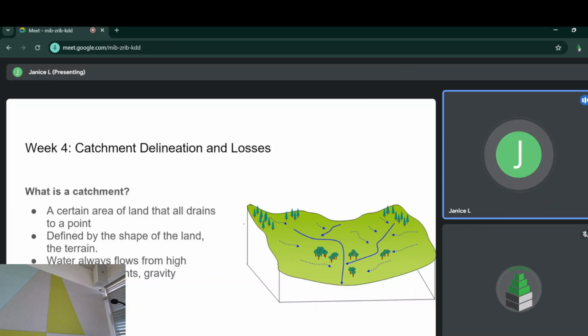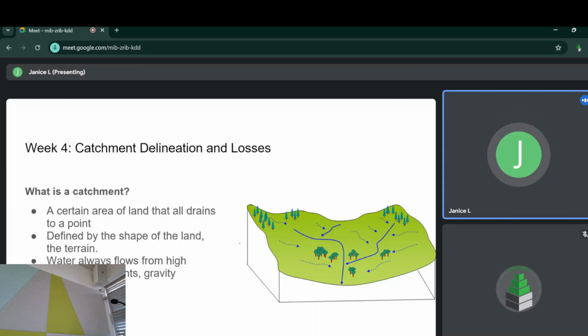That's also going to affect the way the water drains. Concrete, your water doesn't drain through it unless you have stormwater drains. So maybe if you have a big city in the middle, the water is going to flow around it or something like that. It gets a lot more complicated than that, but it's defined by the shape of the land, the terrain.